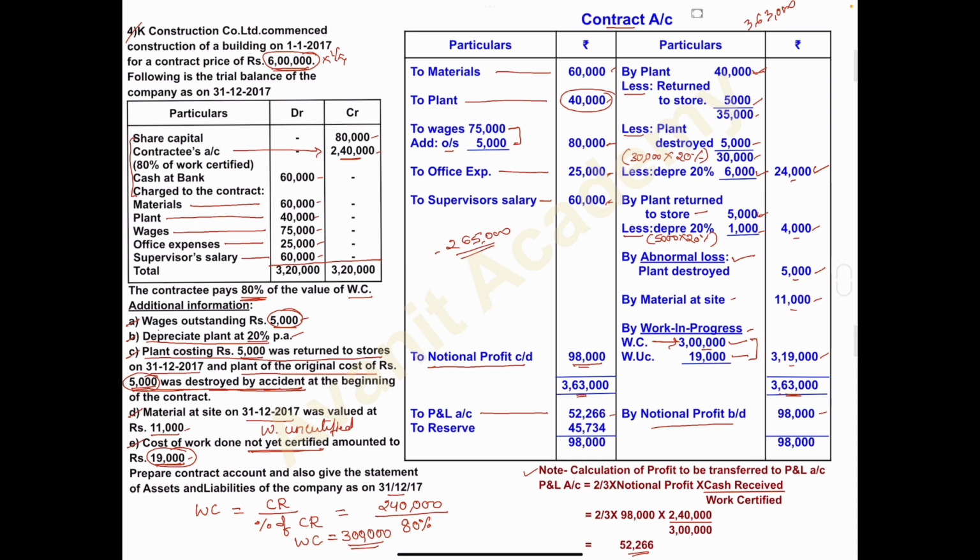So 98,000 minus 52,266, and the remaining balance is transferred to reserve. Understood? 98,000 minus the amount transferred to profit and loss account, 52,266. The remaining balance is transferred to reserve, that is 45,734 to reserve.